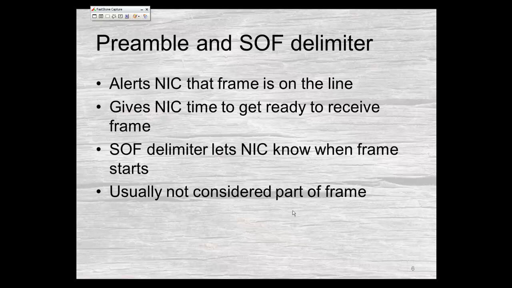You've got a pattern of ones and zeros coming in that preamble. Then you hit the start of frame delimiter that has patterns of ones and zeros, but then switches to two ones, and that tells the network card, okay, the frame's starting. It's usually not considered actually part of the frame.